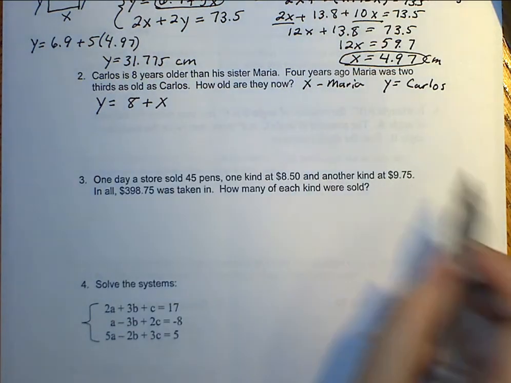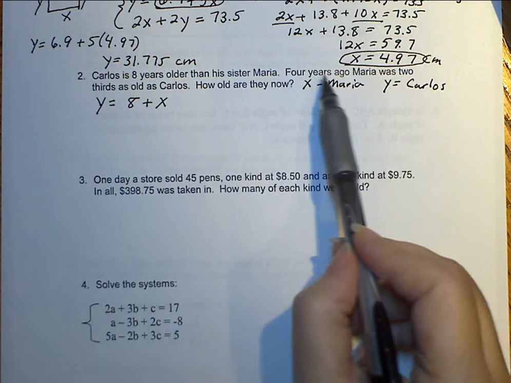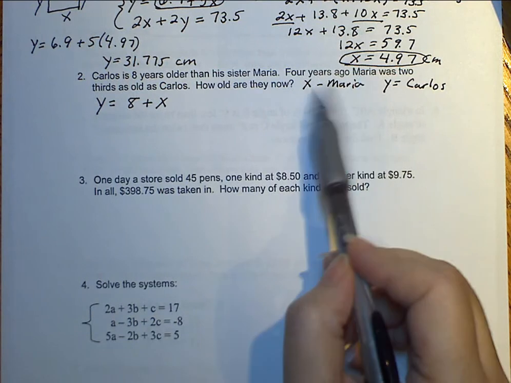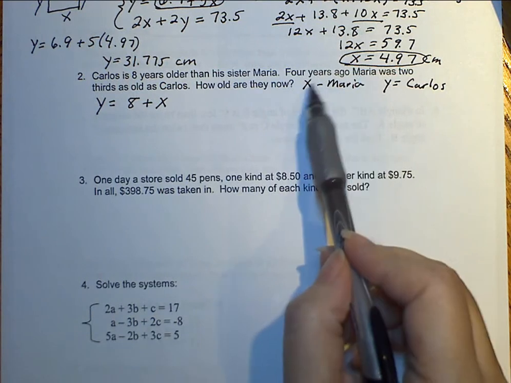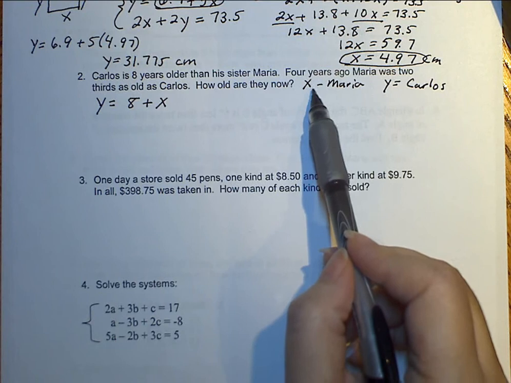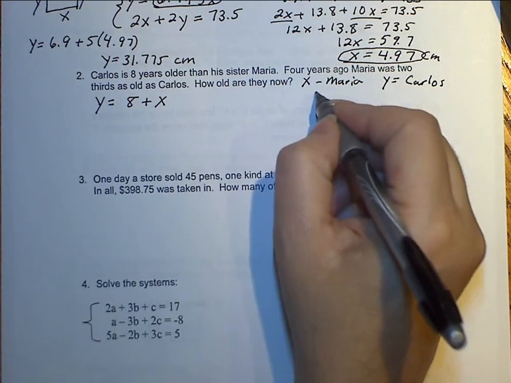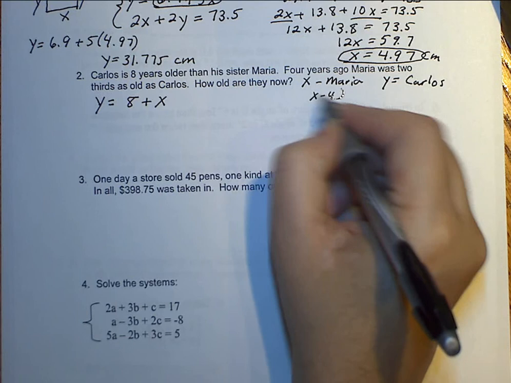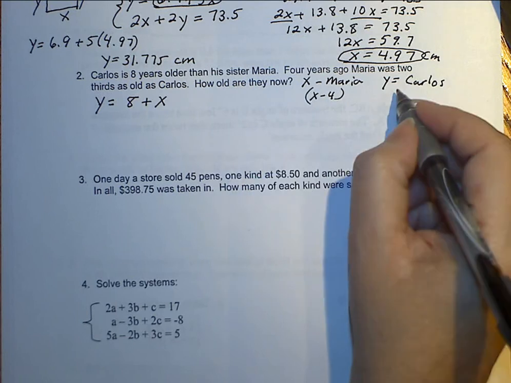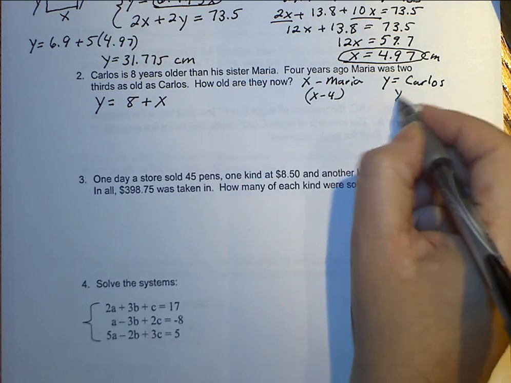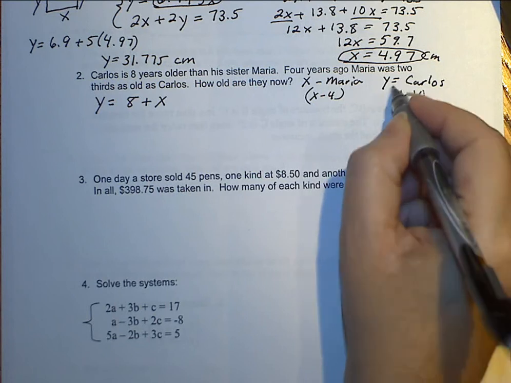Then it says 4 years ago. Well, how old was Maria 4 years ago? If she's X years now, she would be X minus 4, right? And Carlos 4 years ago would have been Y minus 4, right?